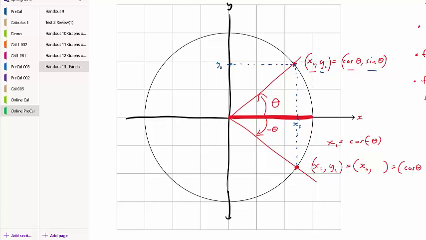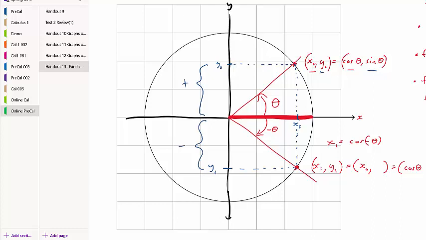Now let's look at the y value. There's our y1. But note that the distance from here is the same as the distance from here. The only difference is that this distance is positive and this distance is negative.